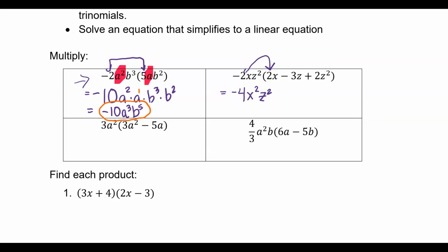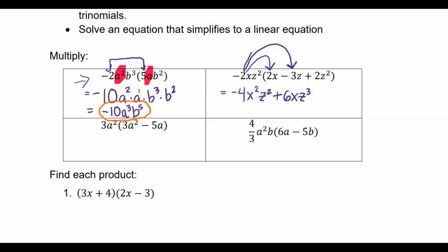Then we're going to multiply negative 2xz squared times negative 3z. So negative times negative, we know that's going to be a positive. We'll have a 6. 2 times 3 is 6. X, z cubed, because z squared and z will give us z cubed.